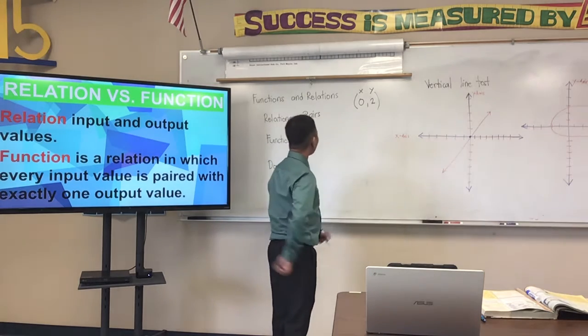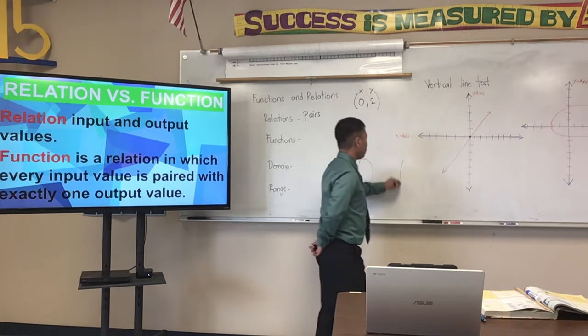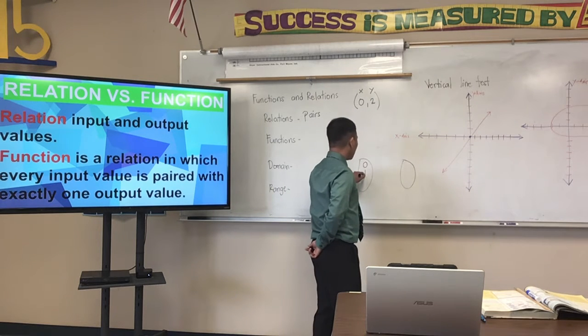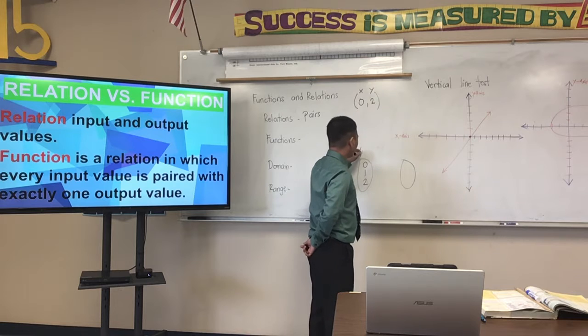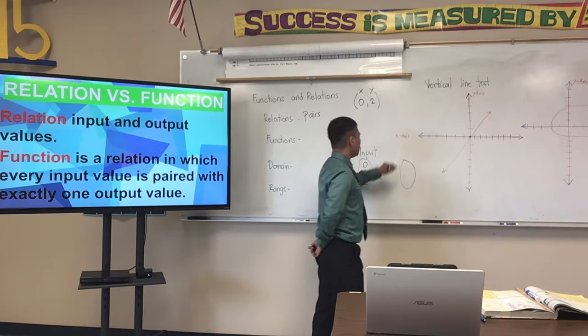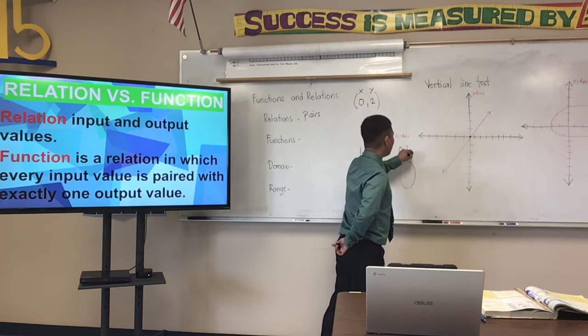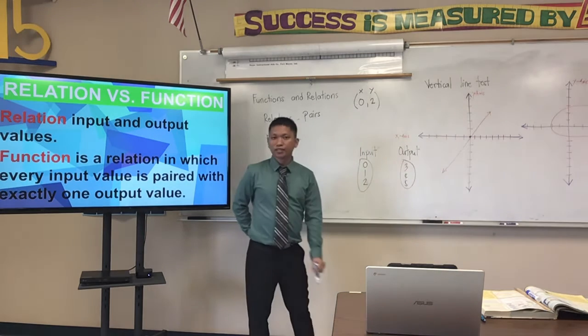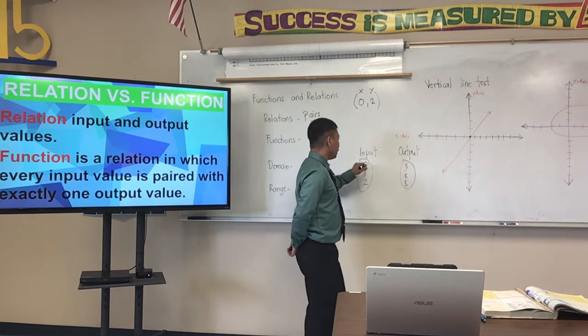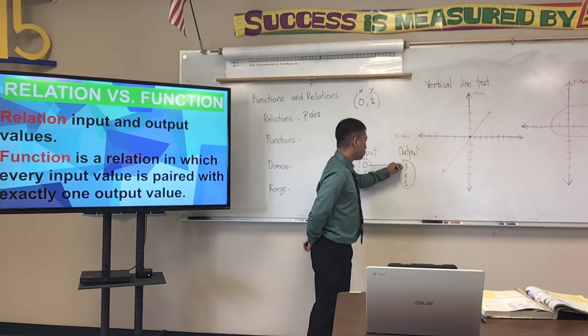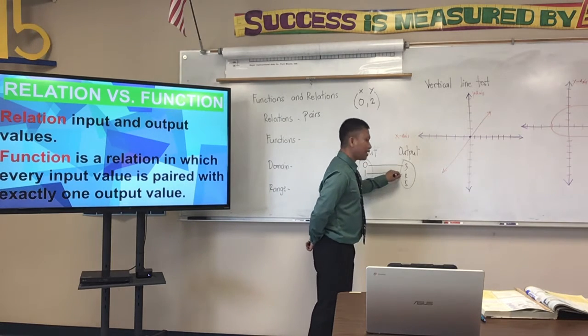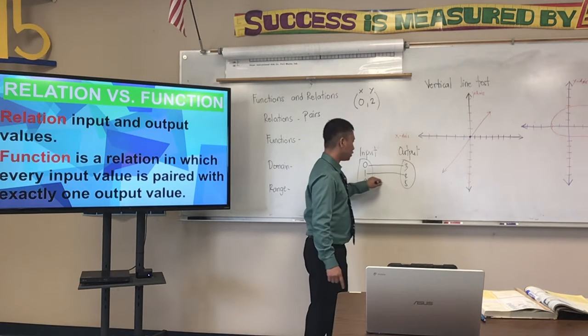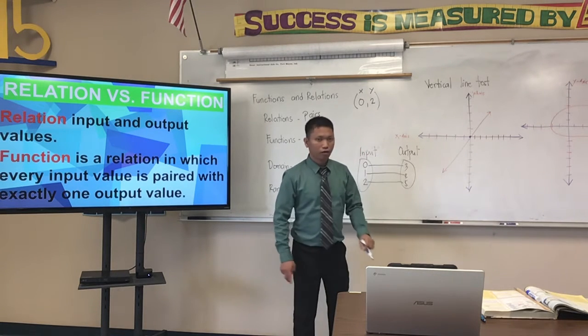For example, we have 0, 1, 2 as our input. We also have on our output 3, 4, 5. So we can say that it is a function if each input or domain is paired with exactly one coordinate on the output. Okay?